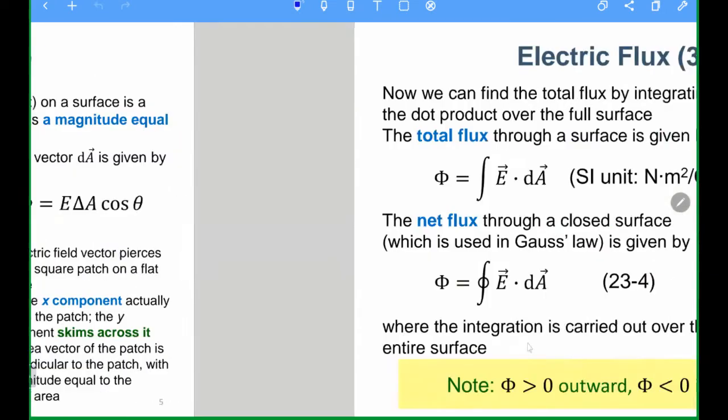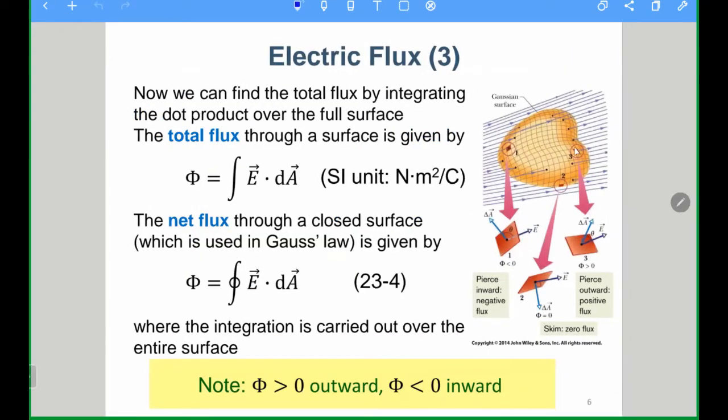Okay, so next, this is the complete definition for the electric flux. So now we can find the total flux by integrating the dot product over the full surface. The total flux through a surface is given by phi equals integration of E dot dA.